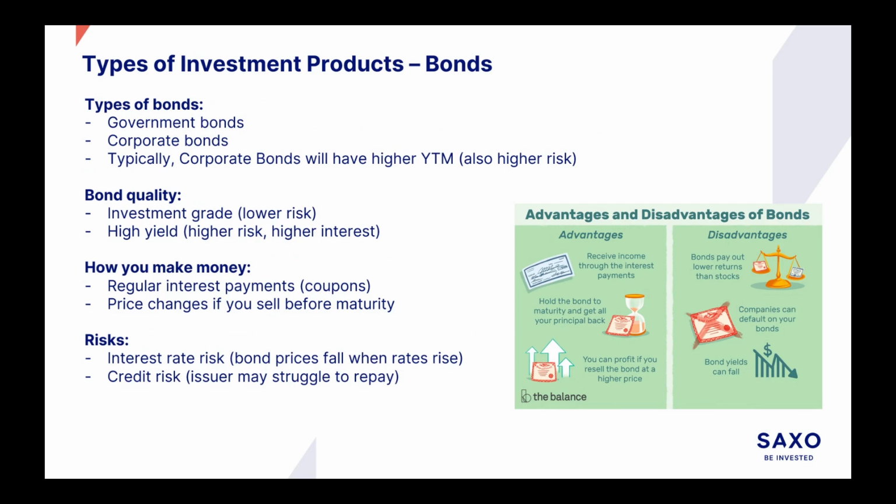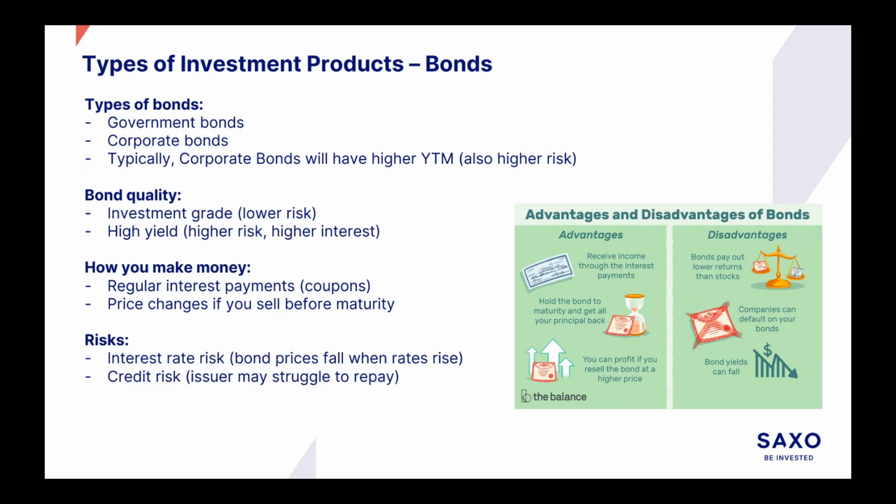So we have the investment grades, which are the bonds that are viewed as being safer than the high yield ones, meaning their credit rating from the big credit rating institutions like S&P or Moody's will be better than the high yield ones.